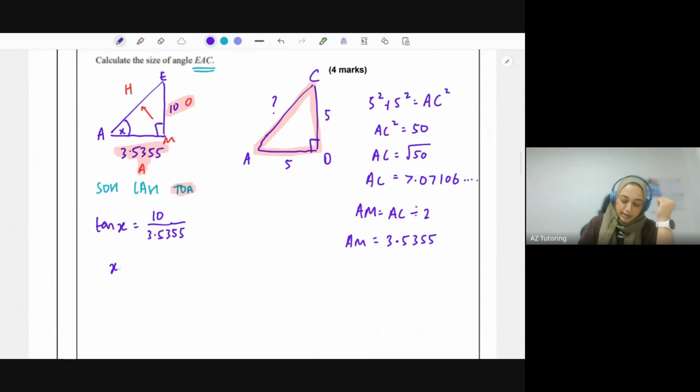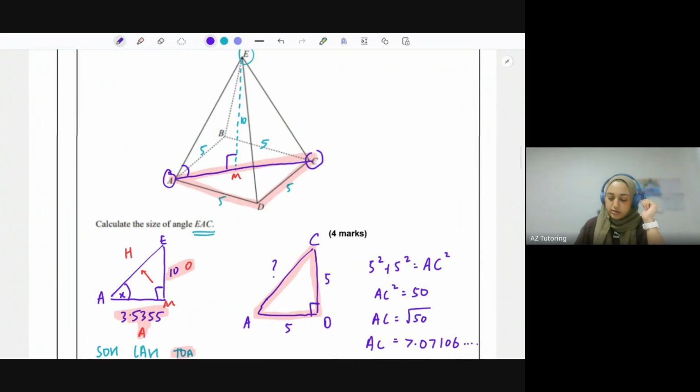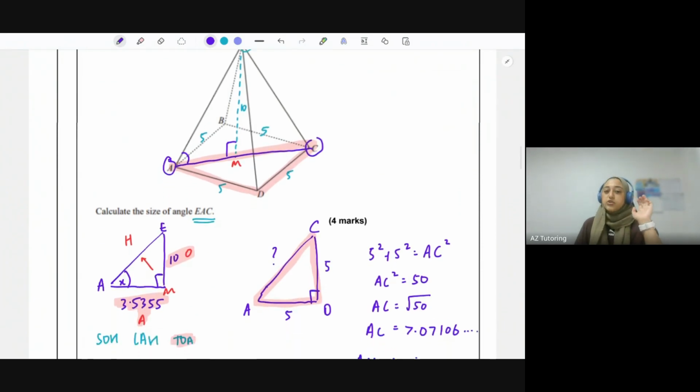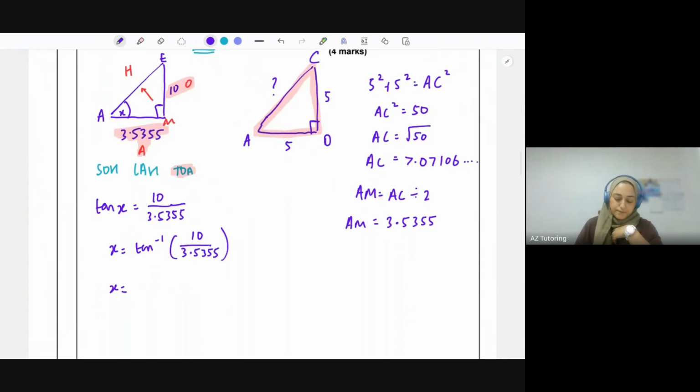And remember, to find X, because it's inside the tan, we have to do the inverse tan when finding angles. So we're doing tan to the -1 of 10 over 3.5355. And because they've not said how many decimal places or significant figures, you should always do 1 decimal place. So at 1 decimal place, I get 70.5 degrees.